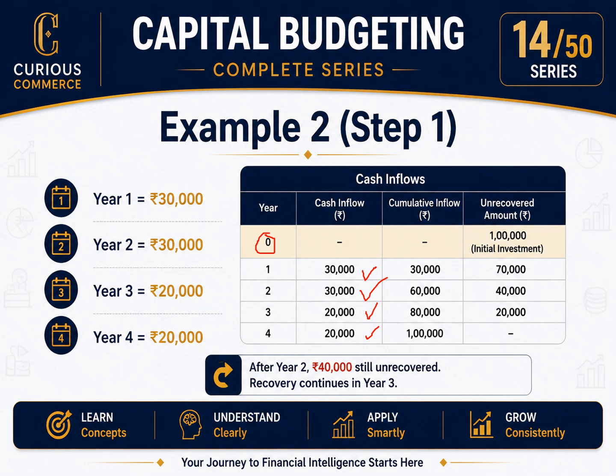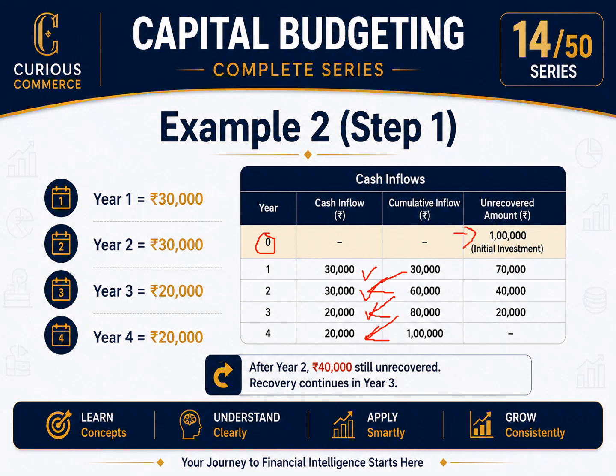The cumulative inflow column is also 30,000. 30,000 plus 30,000 is 60,000. 60,000 plus 20,000 is 80,000. And 80,000 plus 20,000 is 1 lakh. Compare with the initial investment of 1 lakh rupees.